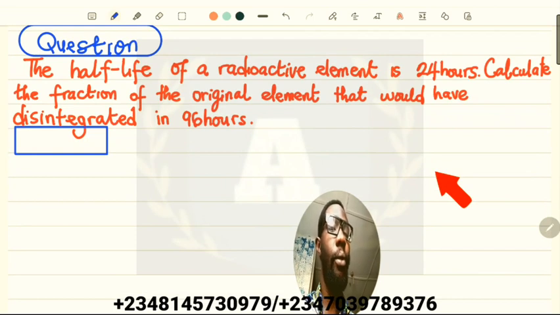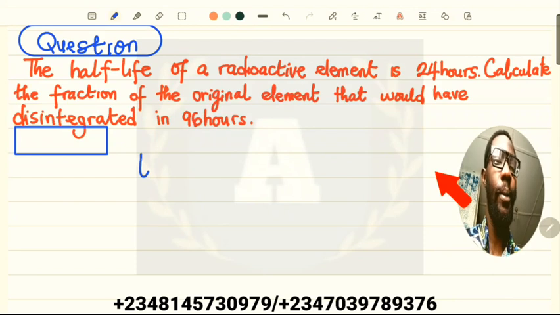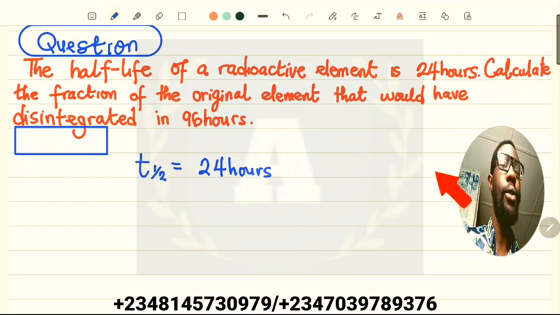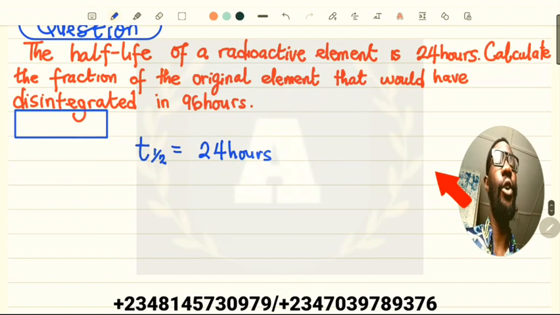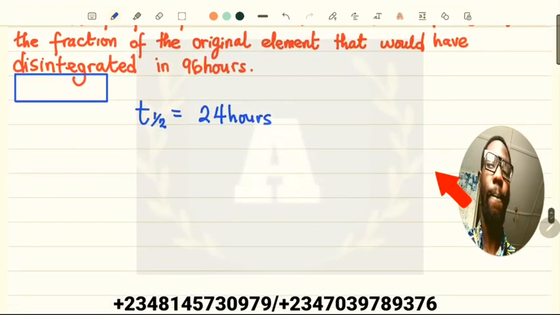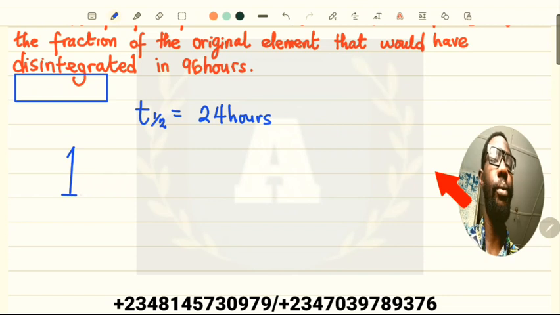Now we solve sequentially. The half-life has been given to be 24 hours. Let's say the original sample is 1, the initial quantity of the sample.